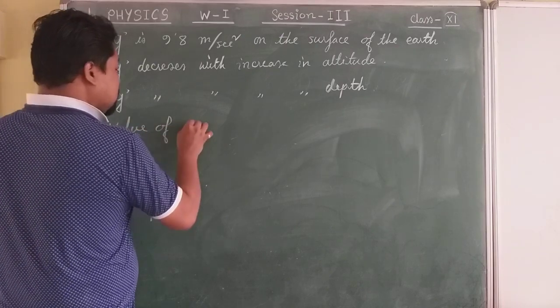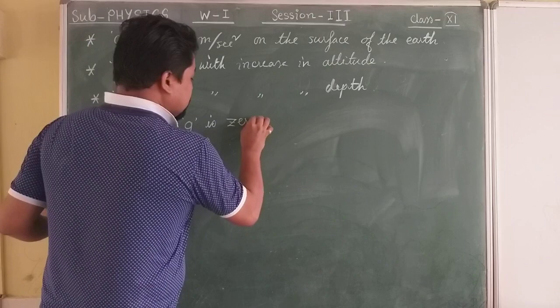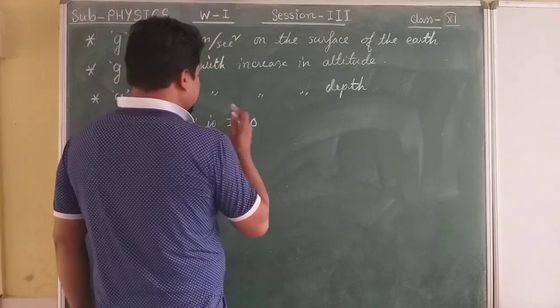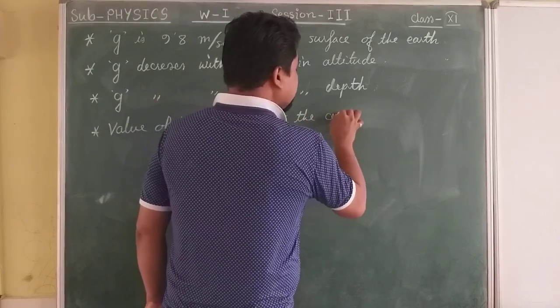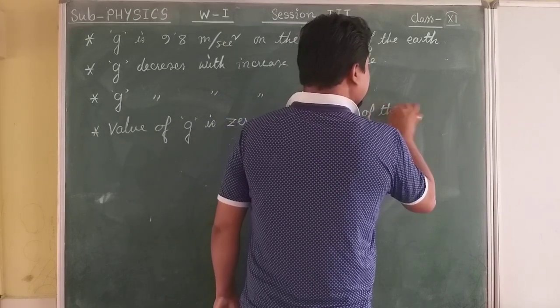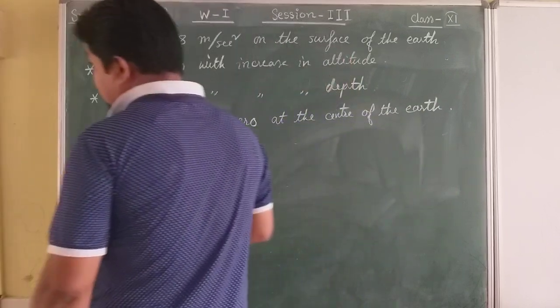Value of small g is 0 at the center of the earth. Value of g is 0 at the center of the earth.